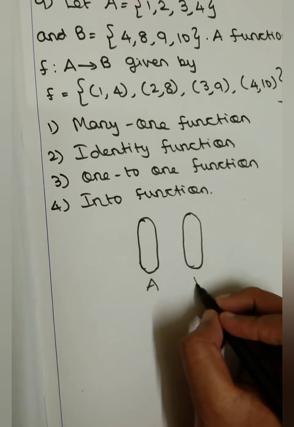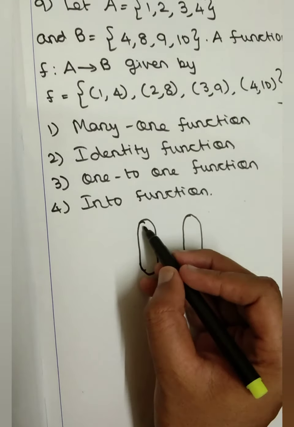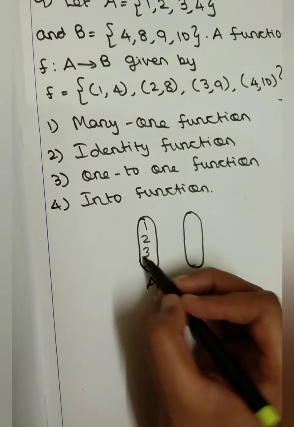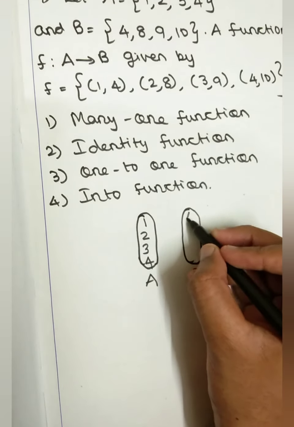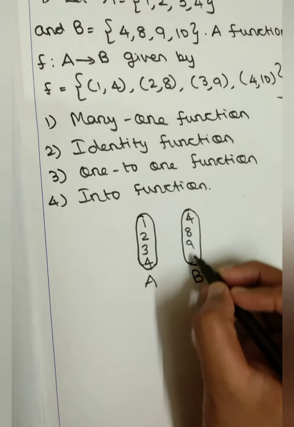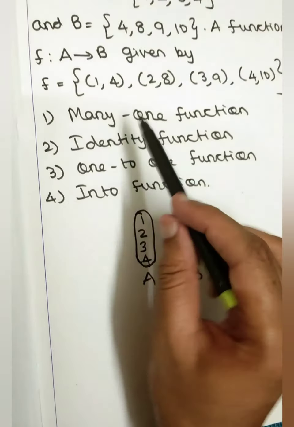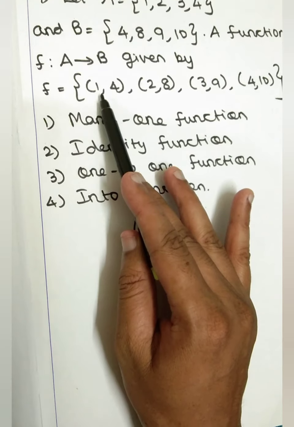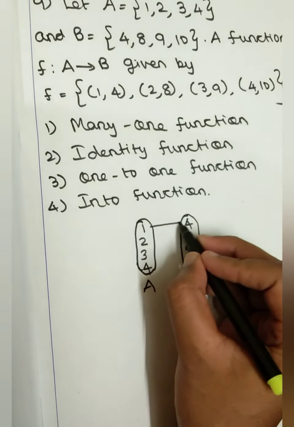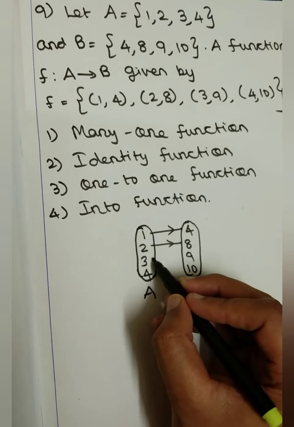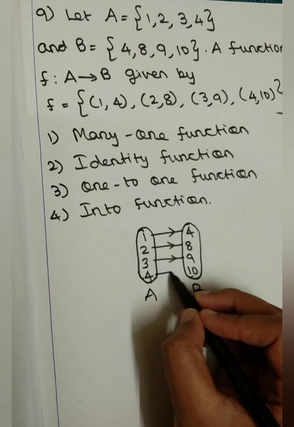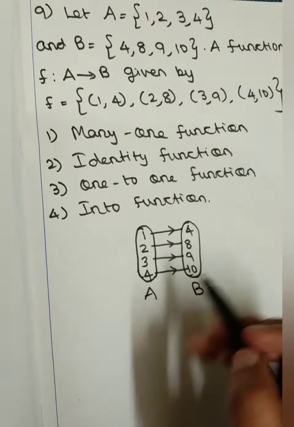This is the set A and this is the set B. In set A 1, 2, 3, 4 and in set B 4, 8, 9, 10. From the first ordered pair, 1 relates to 4 and 2 relates to 8, 3 relates to 9, 4 relates to 10.